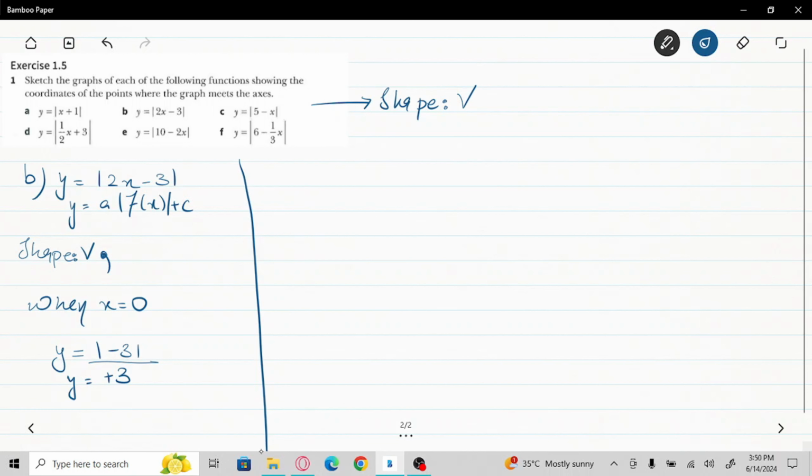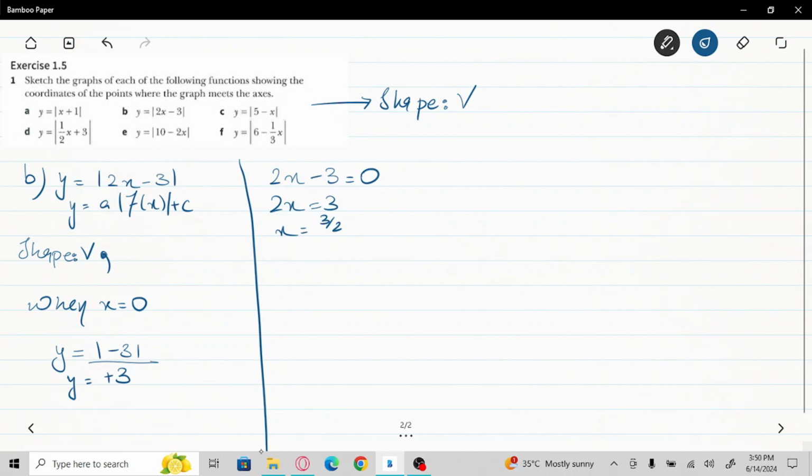Now that we have taken out the y-intercept, we have to find the vertex. For the vertex, we take the equation in terms of x, 2x minus 3, and set it equal to 0. So 2x is equal to positive 3, x is equal to 3 upon 2.